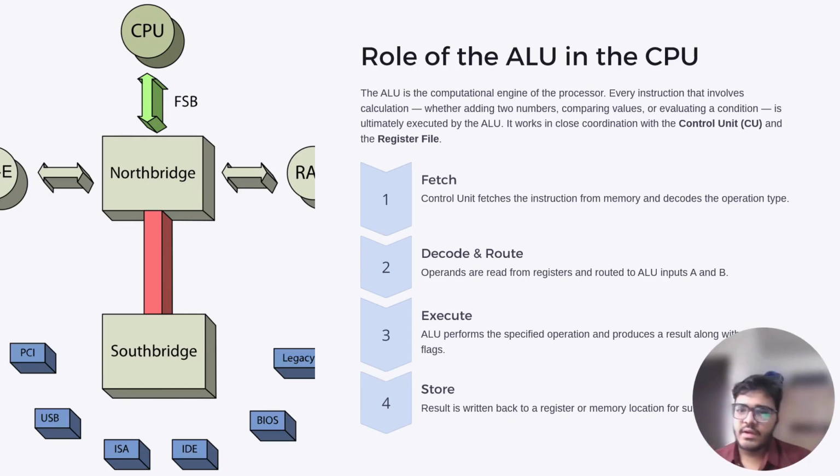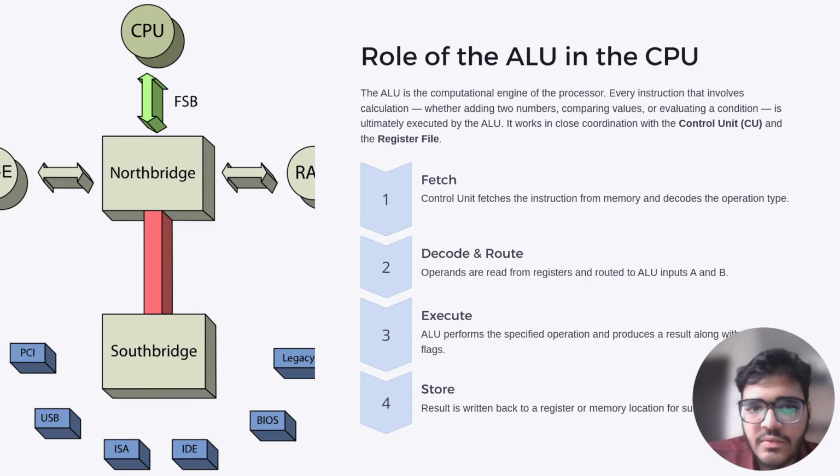Now, the role of the ALU in the CPU. The ALU acts as the computational engine of the CPU. First, the control unit fetches an instruction from memory and decodes the operation type. Then the operands are sent to the ALU.